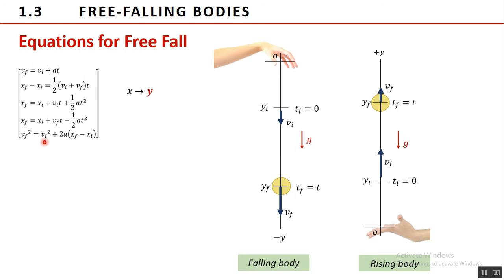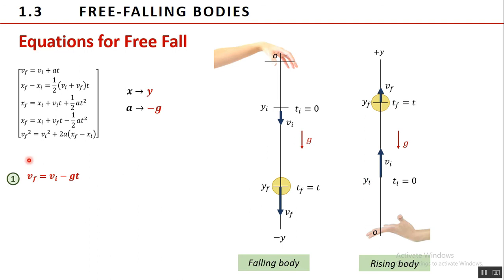So how are we going to use these equations for the motion of free fall? It is very simple. Since a free fall follows a vertical path as it moves, we only change the position x to y. And the acceleration a will be changed to negative g. We put a negative sign beside g because g is always downward.